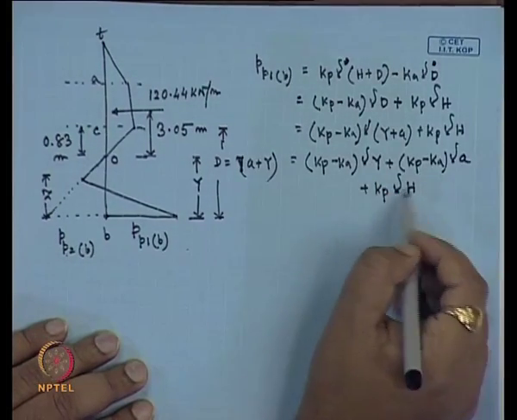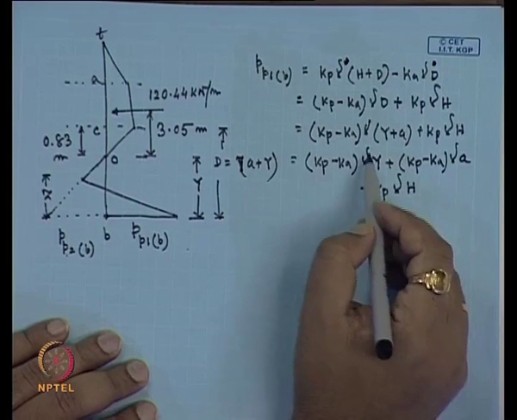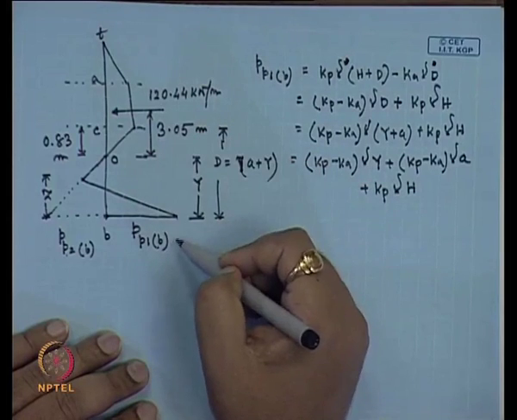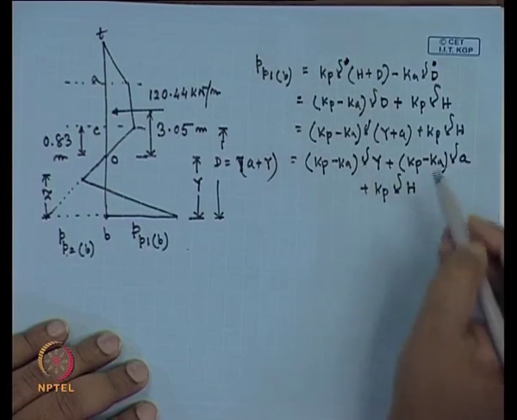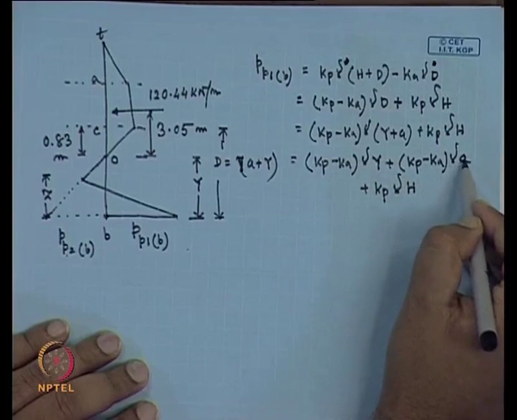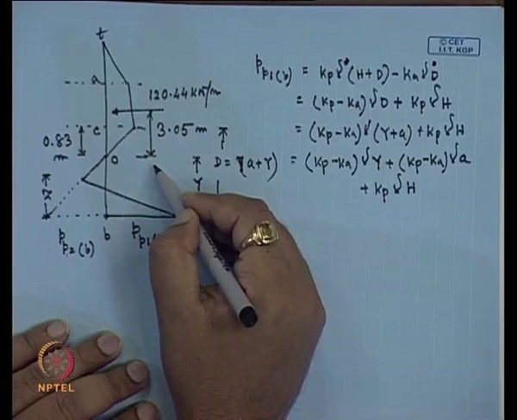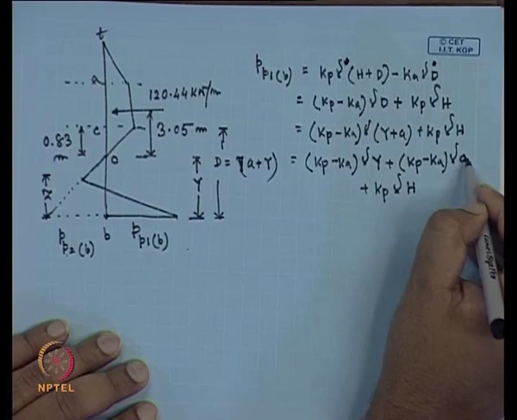Here there are 3 parts and 3 gammas. As Y is below the dredge level, gamma will be 9 kilonewton per meter cube, and for the term with A, which is also below the dredge level, gamma is 9 kilonewton per meter cube.